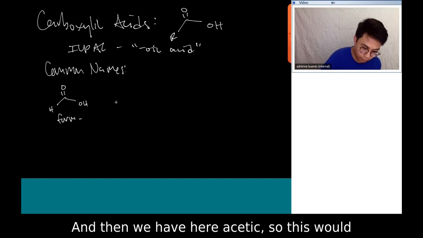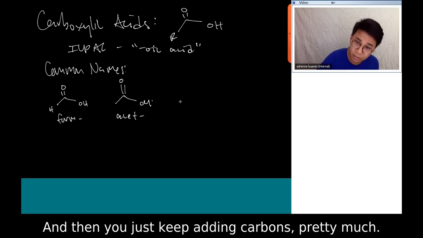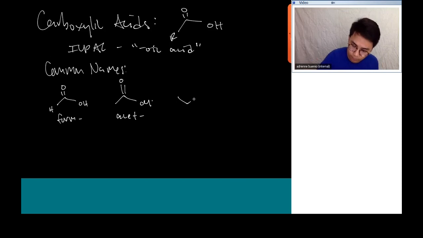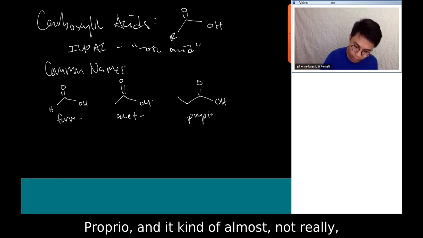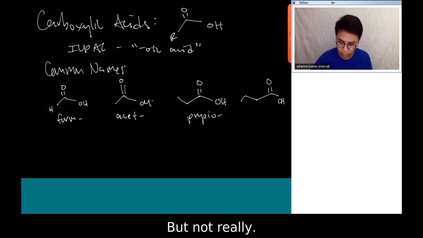And then we have acetic acid, or acetate, and then you just keep adding carbons pretty much, right? Propio, and it kind of almost follows the ethyl, butyl, pentyl type thing, but not really.